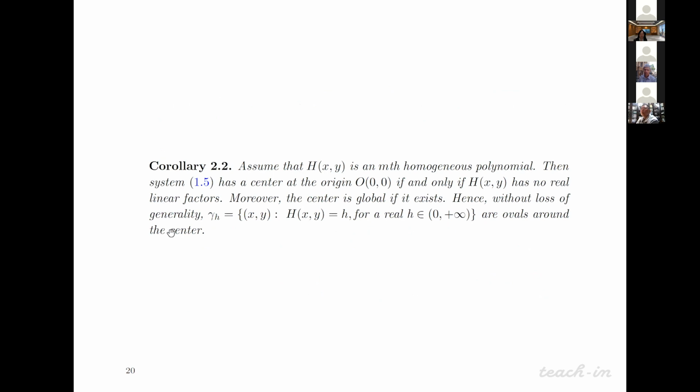If the function H is a homogeneous polynomial of degree m, then the system 1.5 has a center at the origin if and only if this function has no real linear factors. So it is easy to judge whether the origin is a center or not.